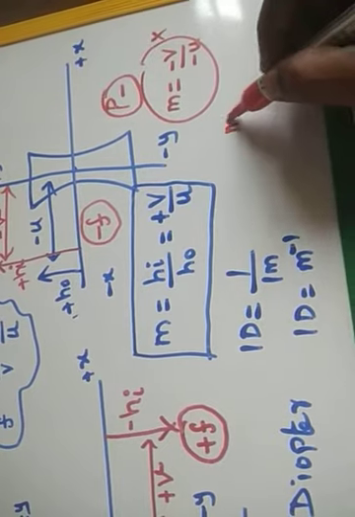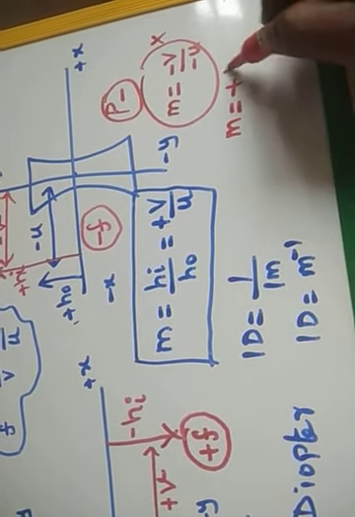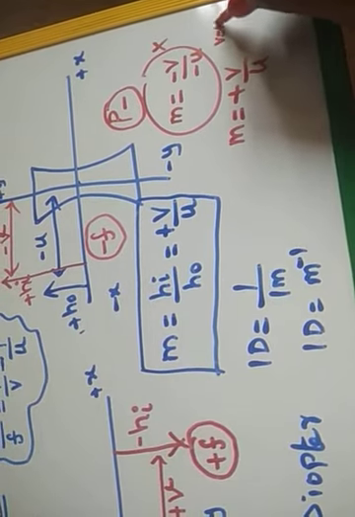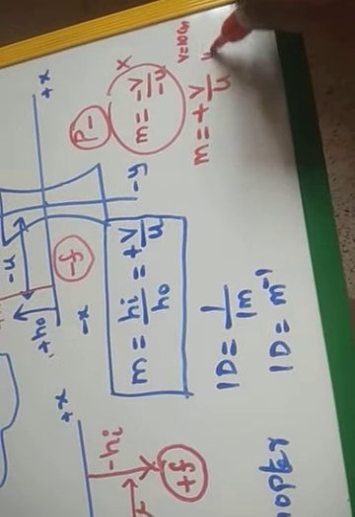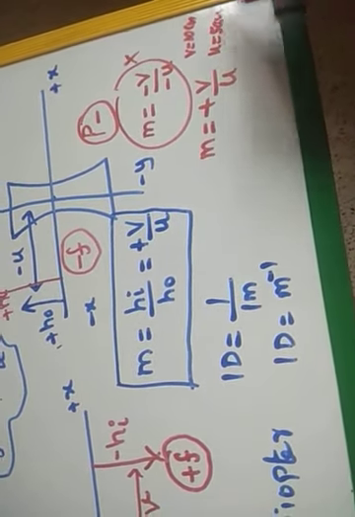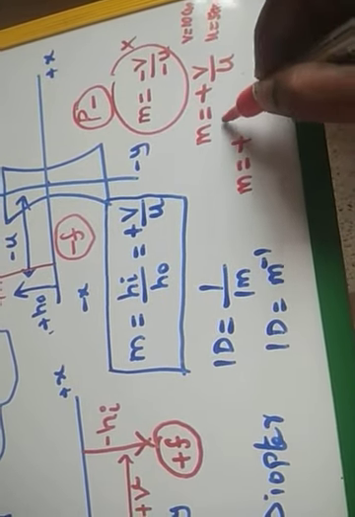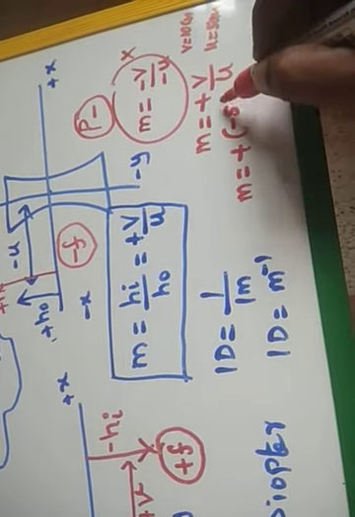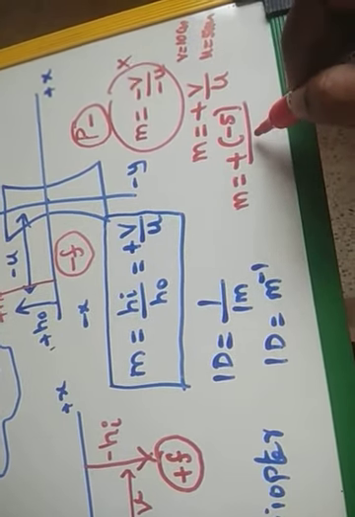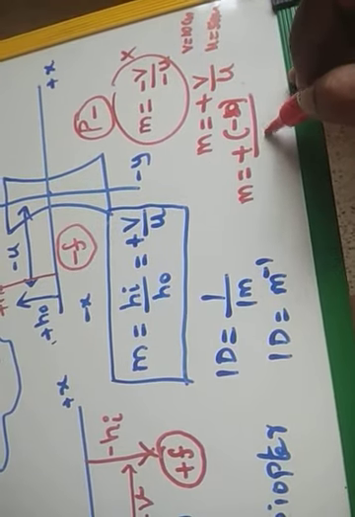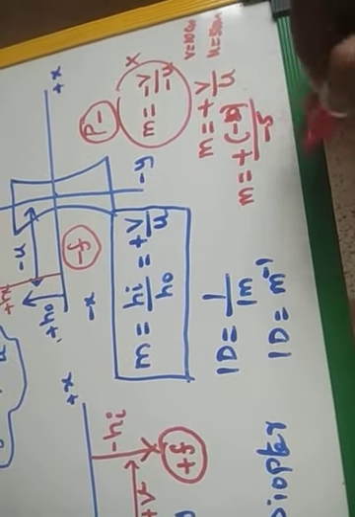Directly you can write the formula as plus v by u. Then if the v value is 10 centimeter and u value is 5 centimeter, what you have to do is: magnification m is equal to plus, v is minus 10 centimeter and u is minus 5 centimeter, then you have to calculate.